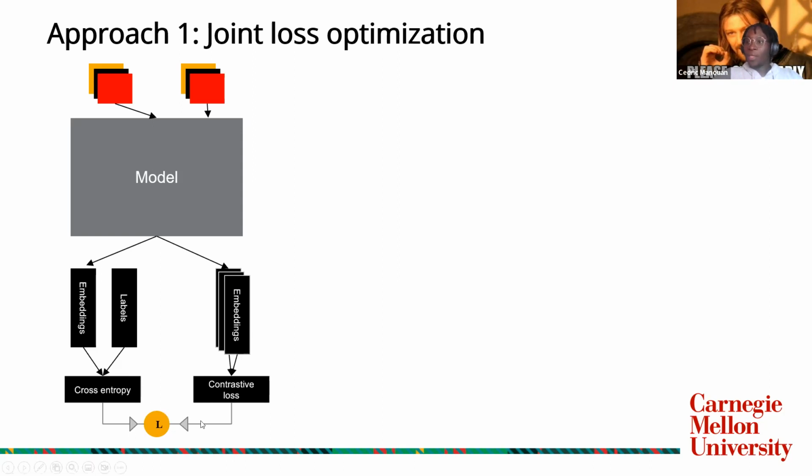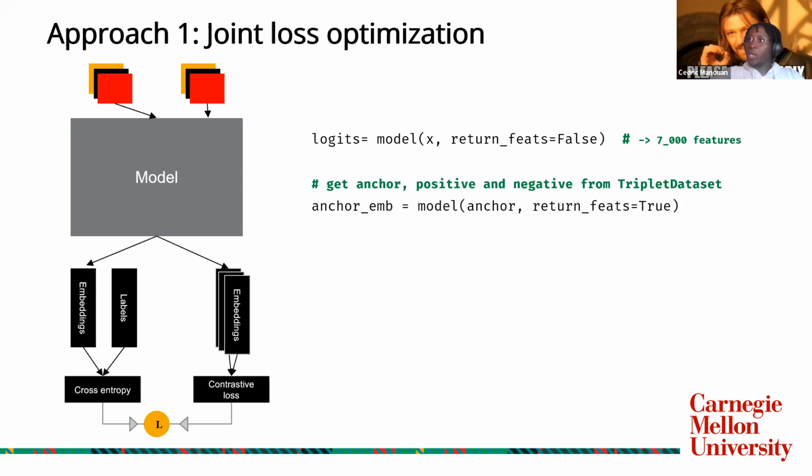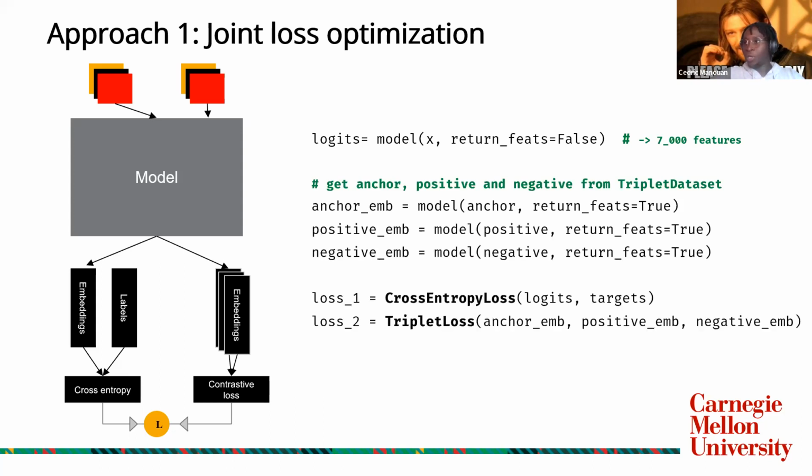You then have two different losses, so you need to combine them into one loss, for example with a weighted sum. Then you optimize this weighted loss. This is how you design your training approach to account for these two losses.